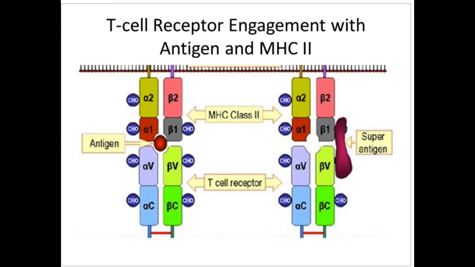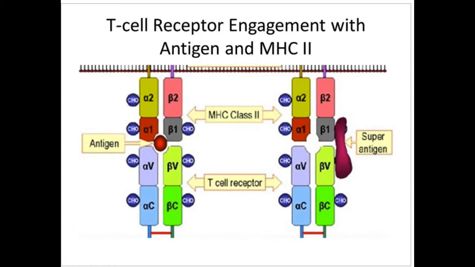On the left hand, we're looking at antigen alone, but there's also something called superantigens, and this is in the situation of toxic shock syndrome, where you have proteins that are capable of not binding in the complementary region between the MHC2 and the T cell receptor.